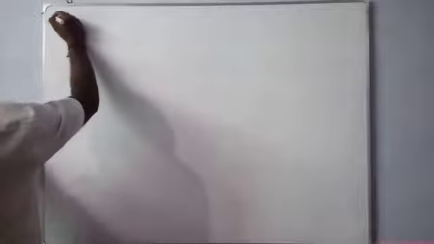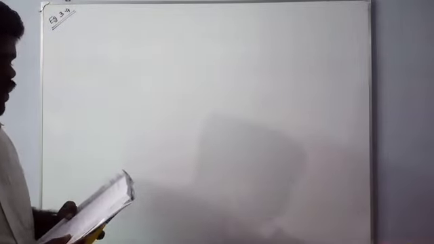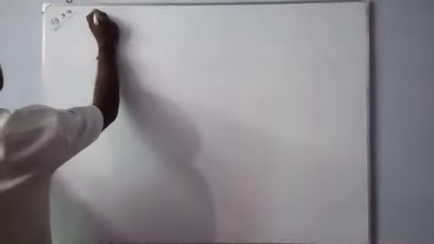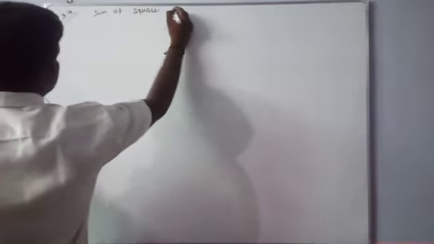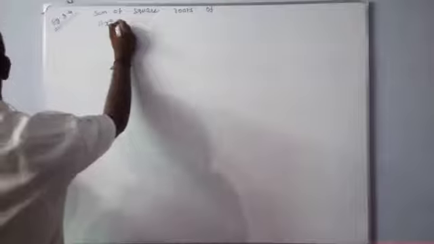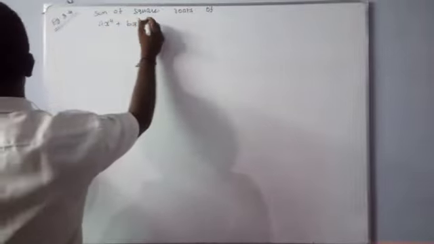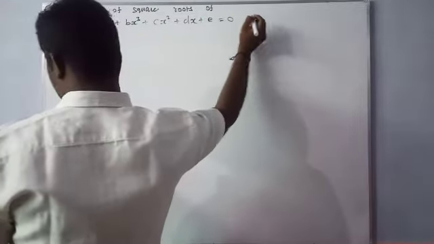Okay, now example 3.4. Find the sum of the squares of the roots of the equation ax power 4 plus bx cube plus cx square plus dx plus e equal to 0.